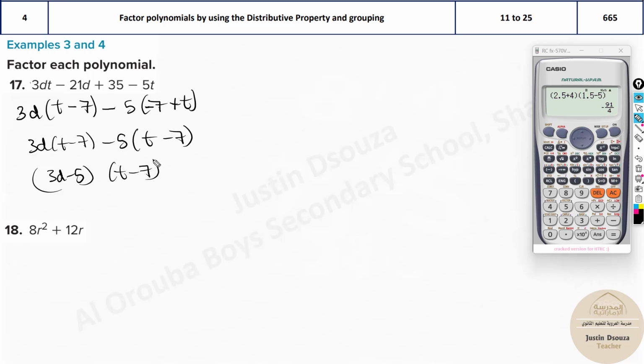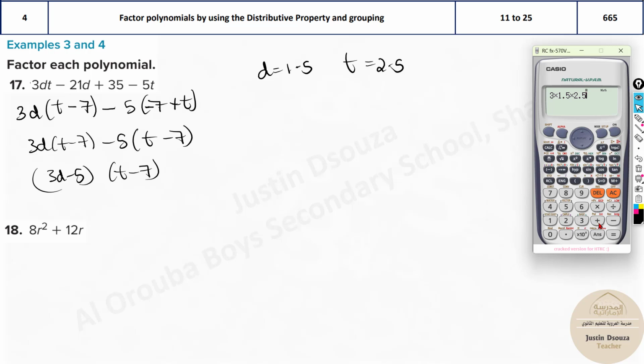And we will double check this in the calculator as well. Assume D equals 1.5 and T equals 2.5. Now what happens? Substitute. First the question, sorry, over here, 3 into D is 1.5, multiplied with T value is 2.5.